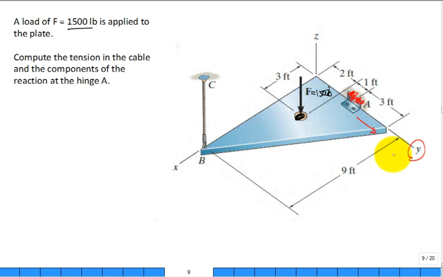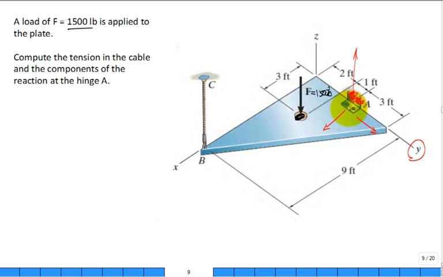It would generate a force to hold it in place. True? If I tried to pull it away in the x-axis direction, that hinge would have something to say about it. It would generate a non-zero force to hold it in equilibrium at that location. Likewise, if I tried to lift it, that hinge would have something to say about it.